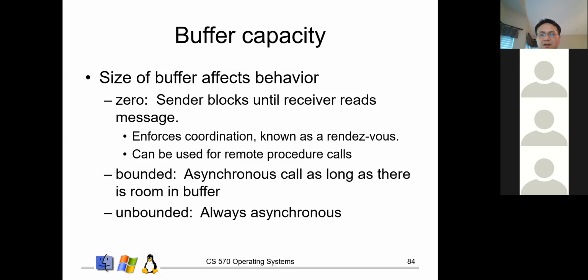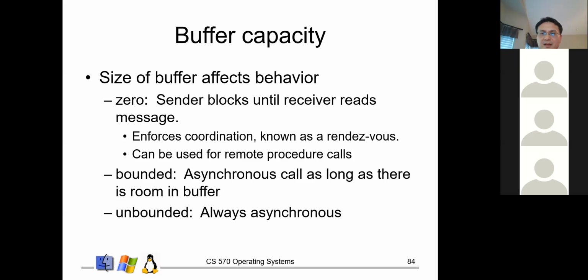If the receiver is faster than the sender, it will also eventually block, right? And then you have this unbounded scheme. That means the communication is always asynchronous. Theoretically, you have an unbounded queue that would hold the buffer between the sender and the receiver.